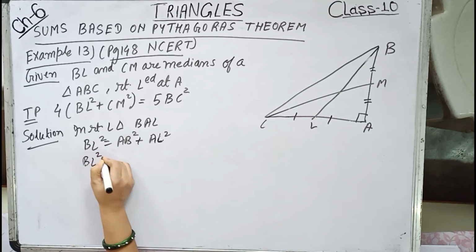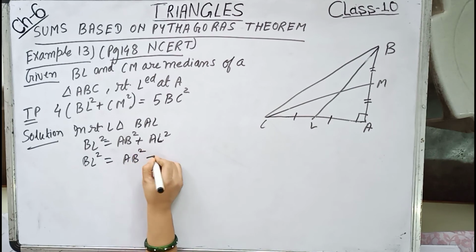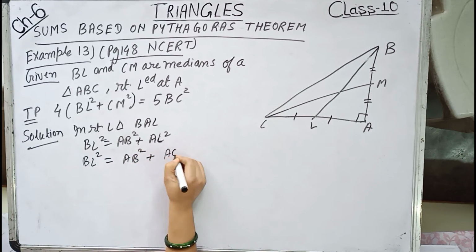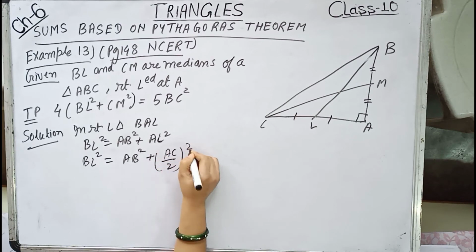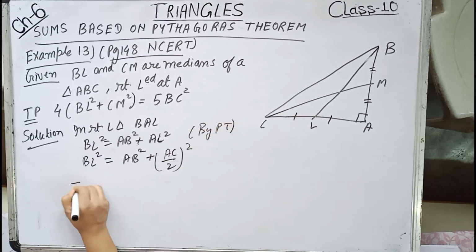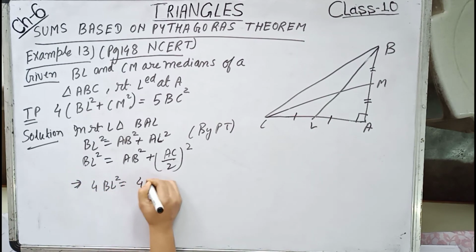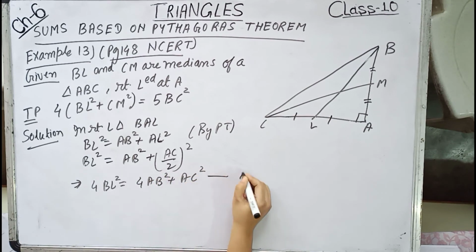So we can write BL square equals AB square plus AC by 2 whole square. This implies 4 times BL square equals 4 times AB square plus AC square. Make it equation number 1.